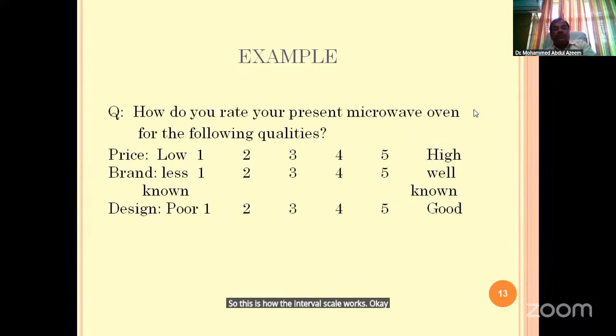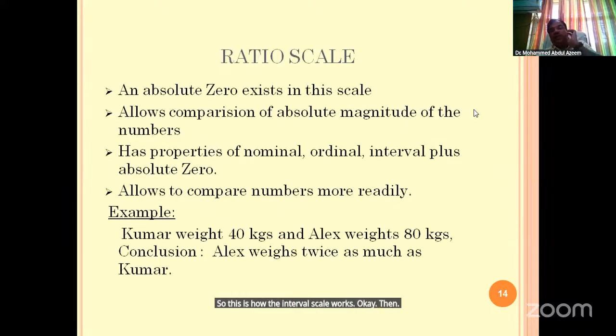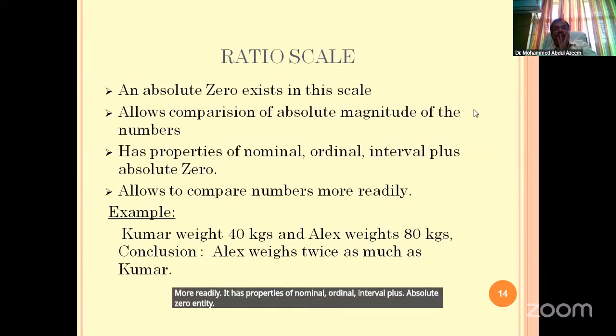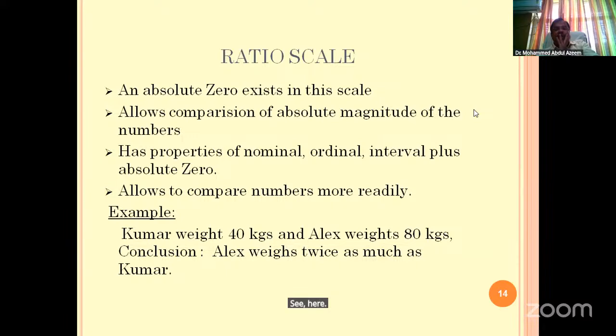Okay. Then what is ratio scale? Ratio scale allows numbers to be compared more readily. It has the properties of nominal, ordinal, and interval, plus an absolute zero. See, the word ratio itself says it is a comparative scale.